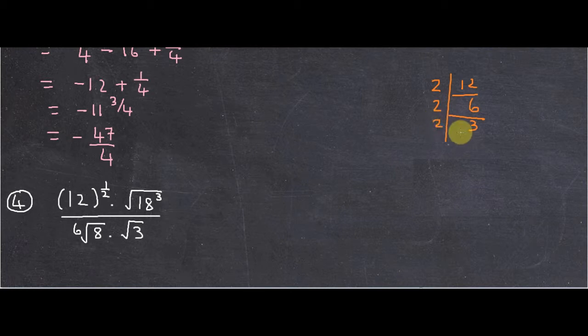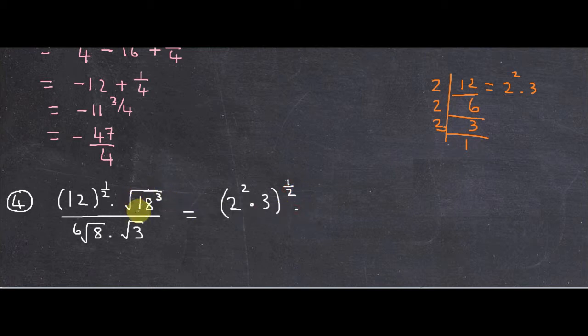The smallest number into 3 is 3, and it goes once. So we can see that 12 is 2 squared times 3. So it's going to be 2 squared times 3, all to the power of a half.